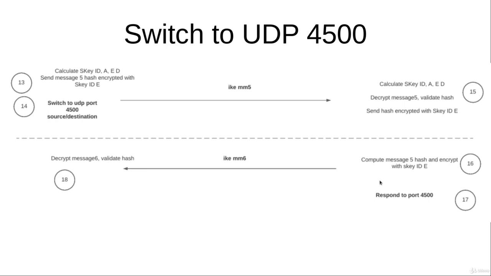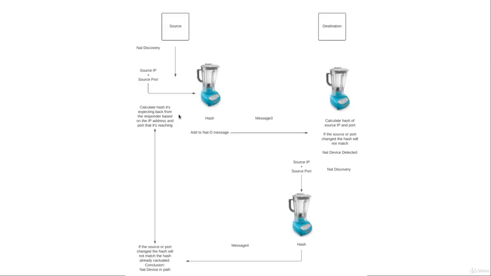Let's take a look at the last two messages, 5 and 6. It definitely helps to refresh what happens in those two messages. We know that the pre-shared key is determined based on the IP address of the remote IKE gateway.